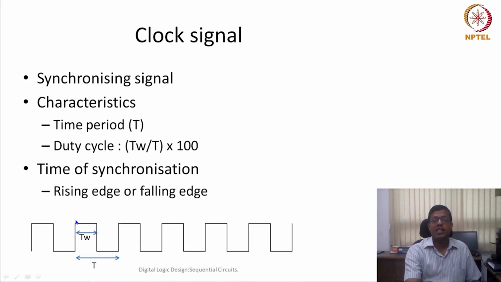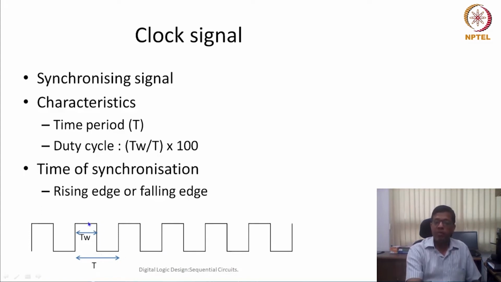You see that in the right direction we are increasing in time. Initially at some time it was 0, then it increased to 1, so this is called the rising edge. It's also called the positive edge. And then the other is the negative edge, when our clock goes from 1 to 0.